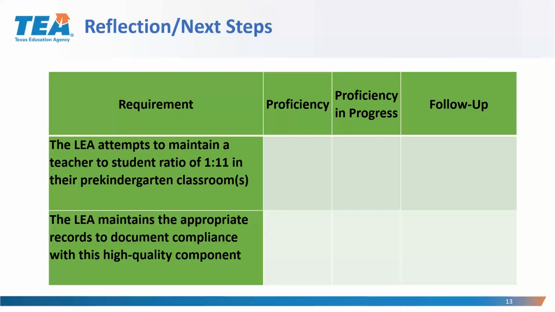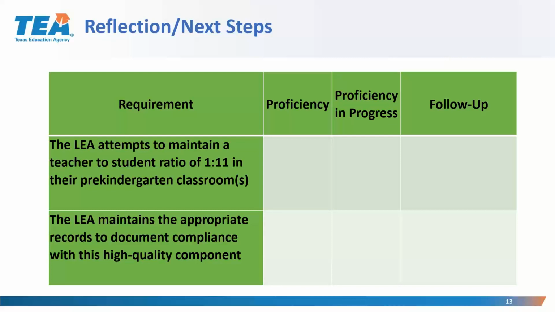Or is our effort to meet it still in progress? And if it is still in progress, what follow-up or what next steps might you do in order to reach compliance? This checklist is part of an overall checklist that can be found on our high quality webpage. And I'll give you a link to that at the end of the presentation.